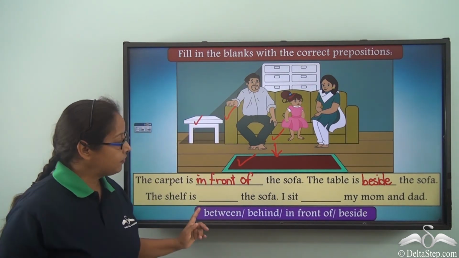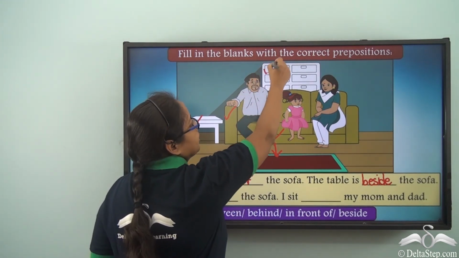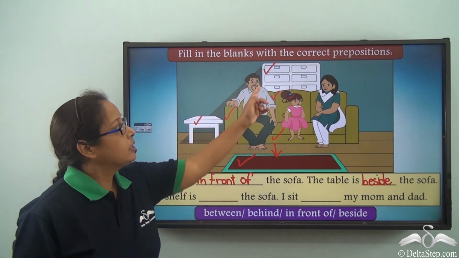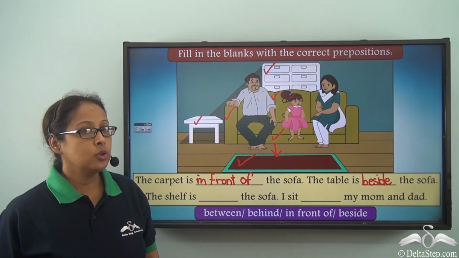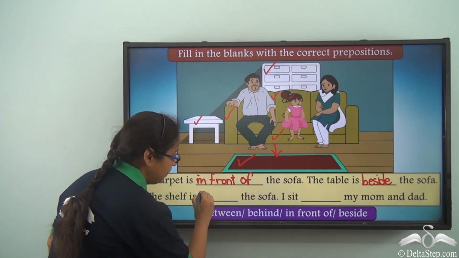The shelf is dash the sofa. We are talking about the shelf here and this is the sofa. We can see that the shelf is at the back of the sofa. We can also say that the shelf is behind the sofa.